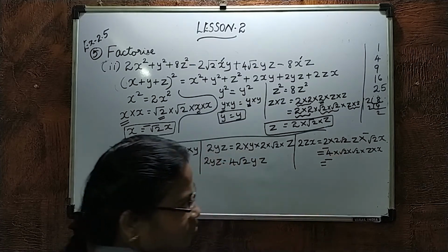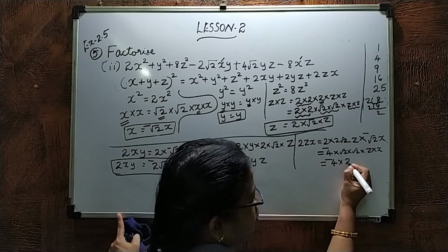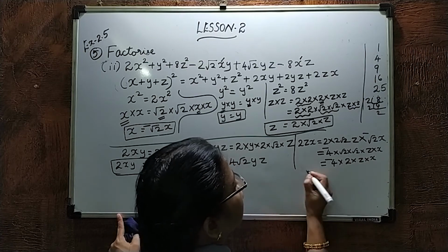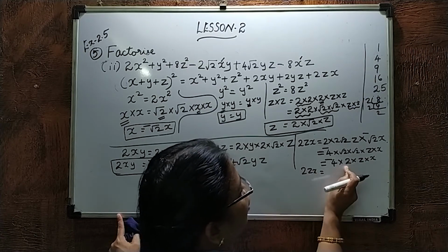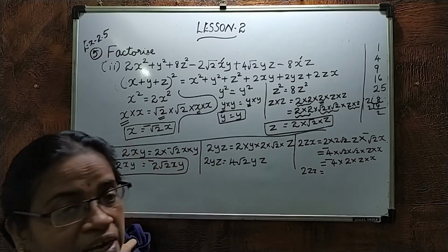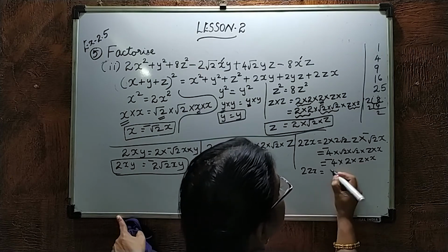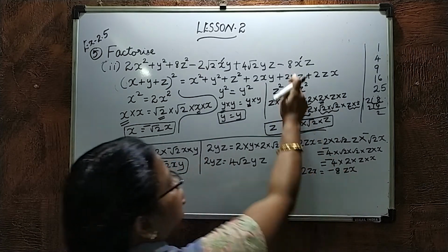Equals negative 4 into root 2 into root 2 is 2 into z into x. It is 2zx is equal to negative 4 into 2. It is negative 8. Negative 8zx. Negative 8zx.